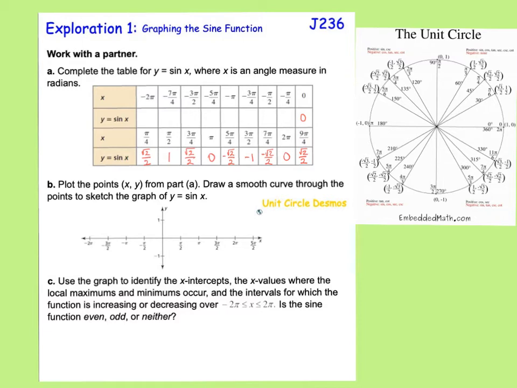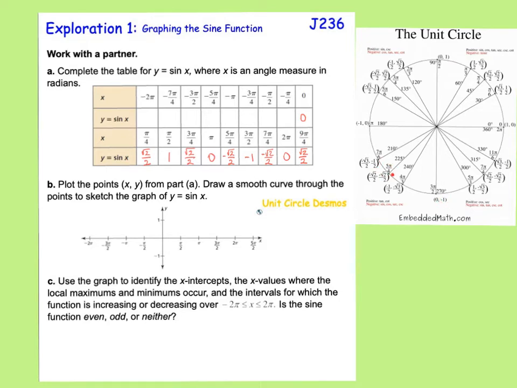So now we are going to go ahead and go towards the left. So we are going to go to the negative angle pi over 4, so that means we go in the clockwise direction. So negative pi over 4 is going to be here, and that's negative root 2 over 2. Then negative pi over 2 is negative 1.